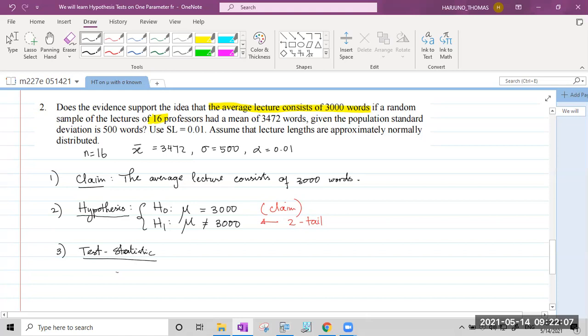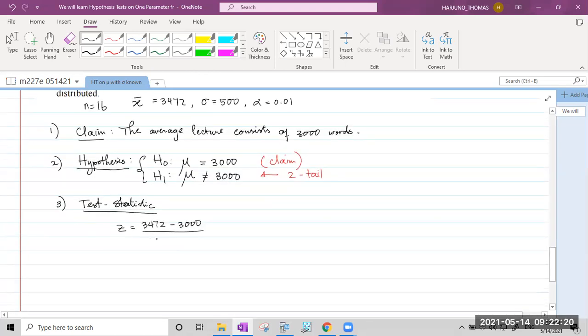This test statistic is to find how many standard errors away the sample mean is from the claim mean. Not standard deviation away, but standard error away.